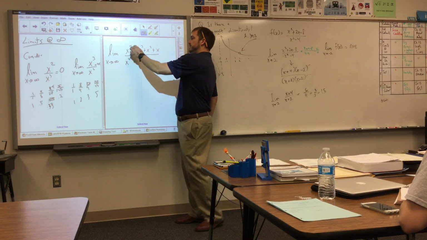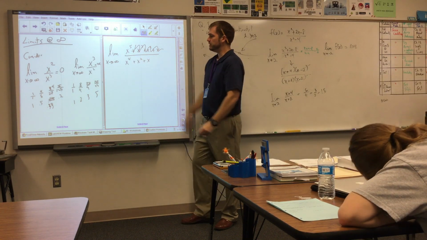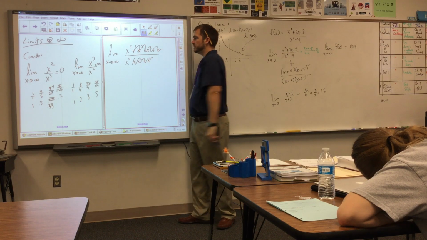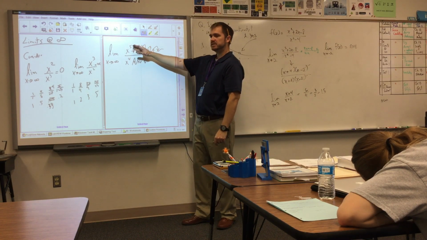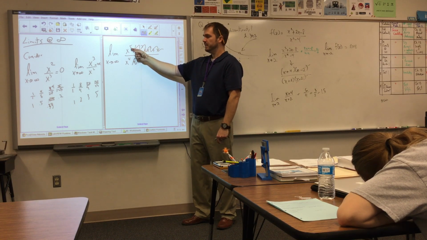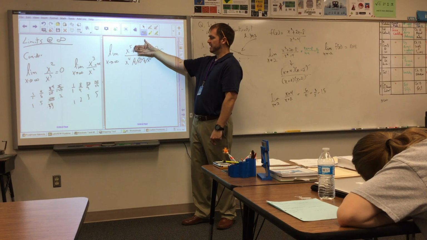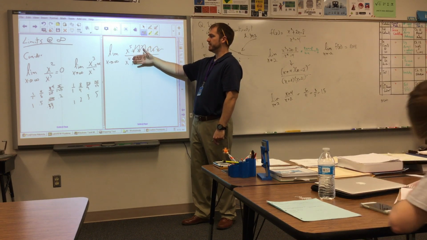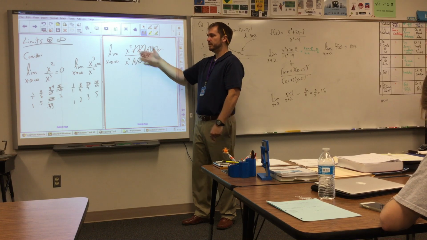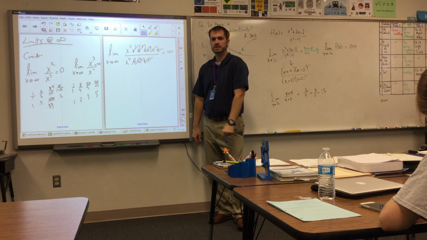So you don't even need to pay attention to those other terms, or to the lesser terms in the denominator. We really just want to look at the largest exponent in the numerator and the largest exponent in the denominator. That simplifies it greatly because now I can see the numerator is growing faster than the denominator. Therefore, I'm looking at infinity.